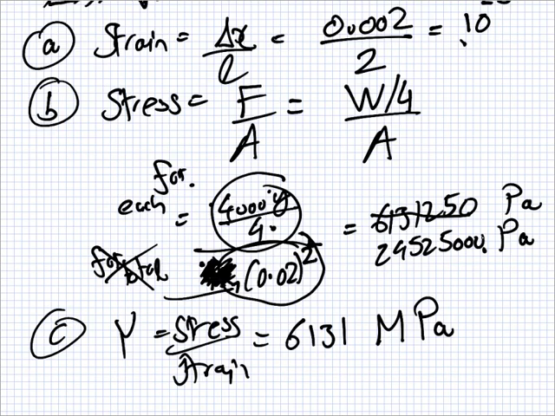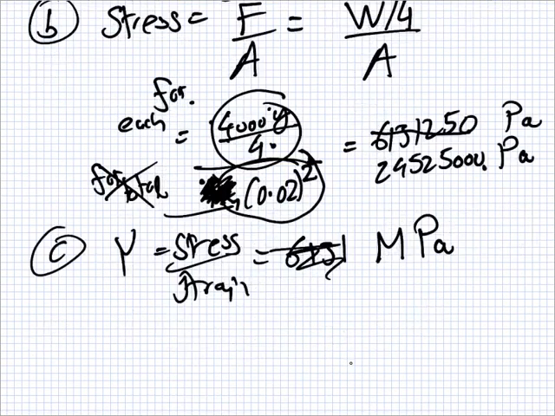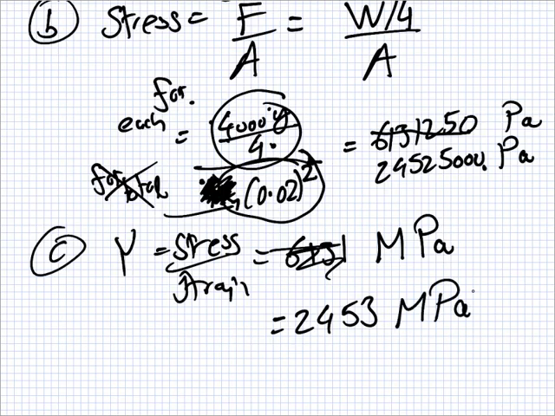So C, I need to fix it because we changed part B. 2,453,500 divided by 10 to the power minus 3. So the answer here is 2,453 megapascals.